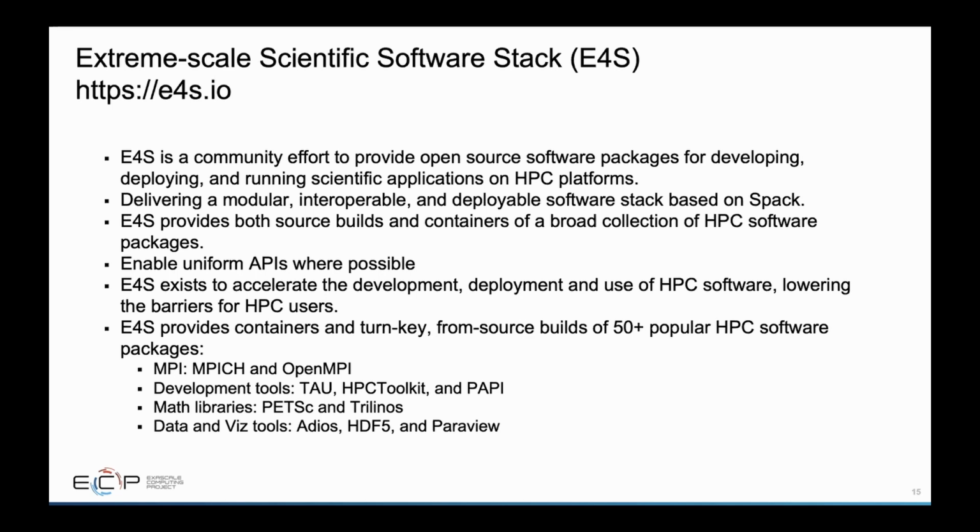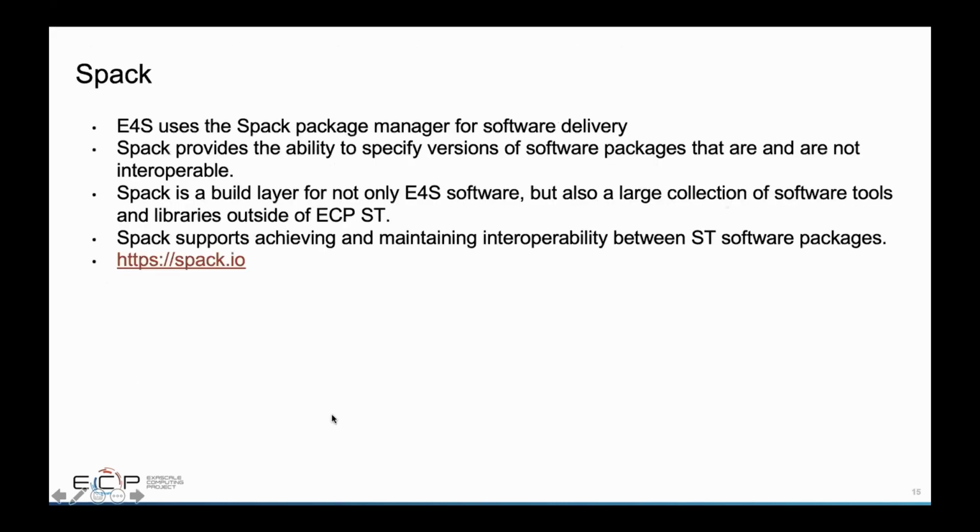And we enable uniform APIs where possible. So it exists to accelerate the development and deployment of HPC software so that we lower the barriers for HPC users. E4S provides containers for a number of different packages, including all of these areas like MPI, development tools, math libraries, data, and viz.